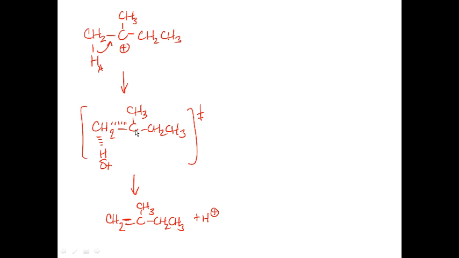How about the carbon? The carbon goes from +1 to 0 formal charge, therefore the carbon here has a delta plus charge. Notice the other carbon doesn't have a charge in either the reactants or the products, and so therefore there's no partial charge on it.